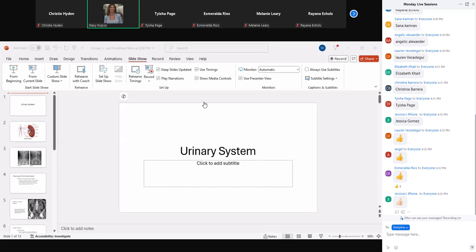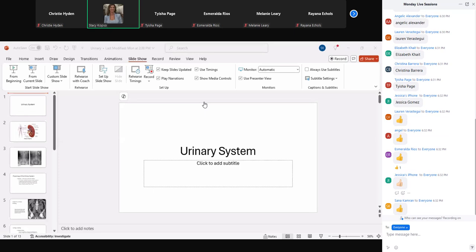So that's the material we covered during the live session, which pertains to the quizzes. And the midterm this week will be a cumulative midterm on those prior chapters, as well as the urinary system that we're covering tonight.